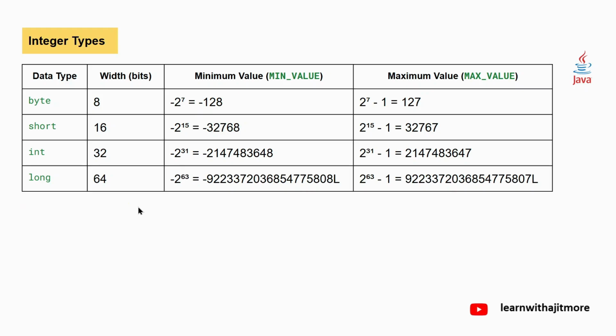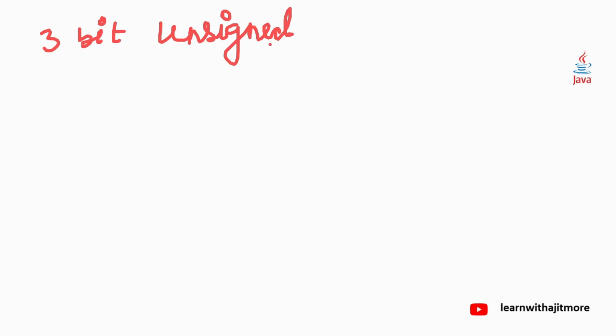Understanding? So, as an example, suppose my data is 3-bit, unsigned integer. If I'm considering unsigned, not signed, then in that case, tell me, if it is 3-bit, how many total numbers will you have? 2 raised to 3, that is 8 numbers.